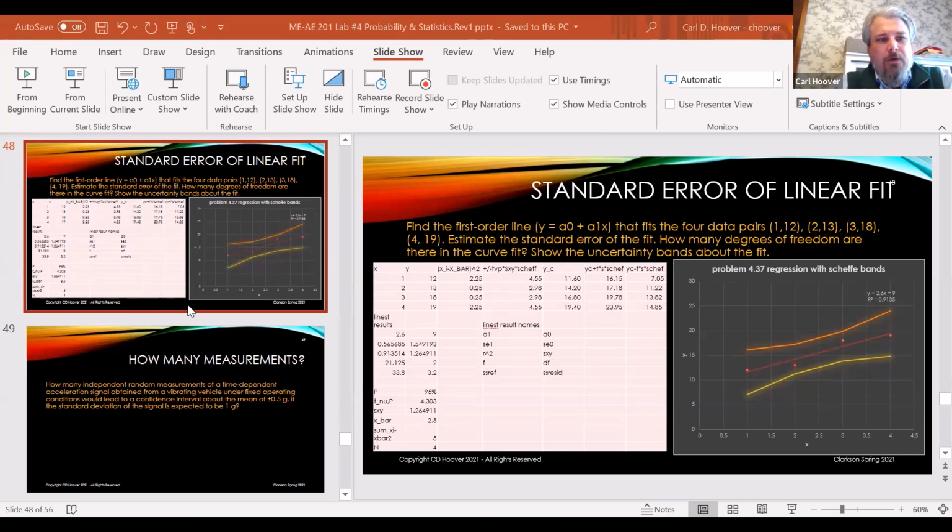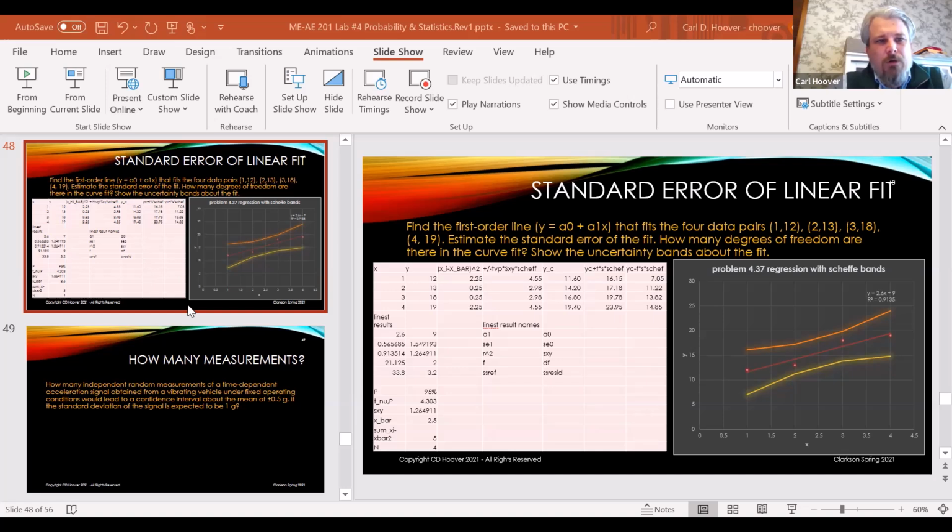So we have 4 samples of Y and X, 1 to 12, 2 to 13, 3 to 18, 4 to 9. And I'm going to go ahead and calculate out the xi minus x bar for the Scheffé band. So the formula is shown right here. The Scheffé band has this term in brackets that includes variation in x.